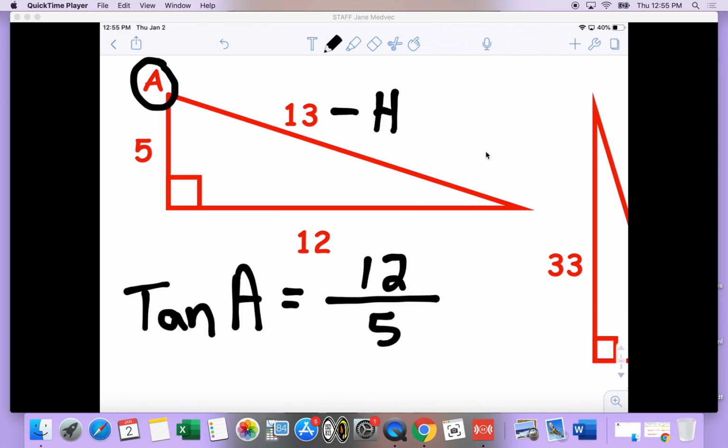It would be the 5. We okay with that? Makes sense? Again, the 5 is what's touching it, so that's why we would do this being the adjacent, and then opposite of it on the other side, that would be considered the 12. Okay, and right now all we're doing is we're setting up triangles. We're not solving anything, it's just getting used to the setup.